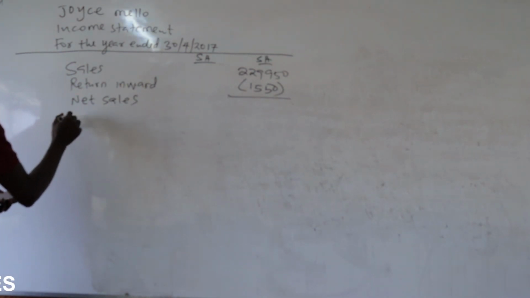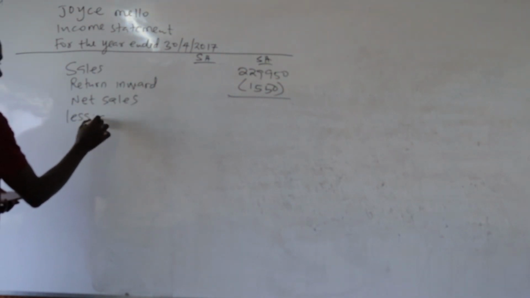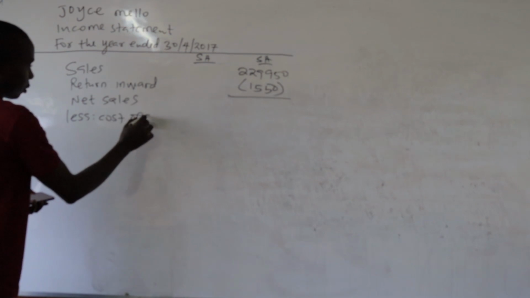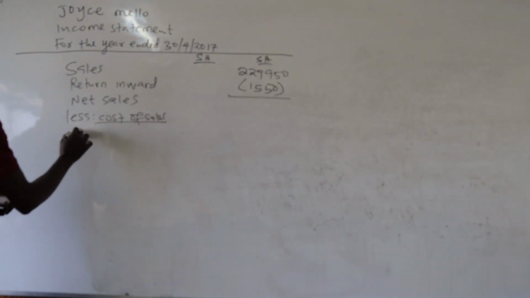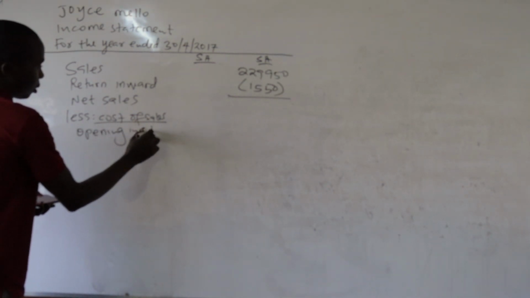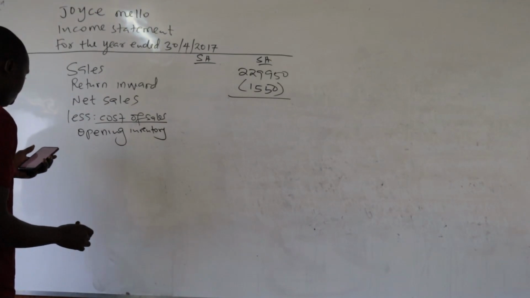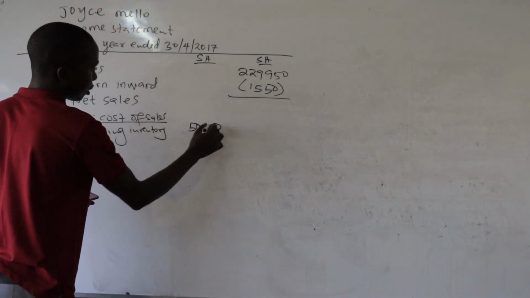Then after that, we need to raise the cost of sales. So for the cost of sales, we start from the opening inventory. Inventory given in the trial balance, 50,000.